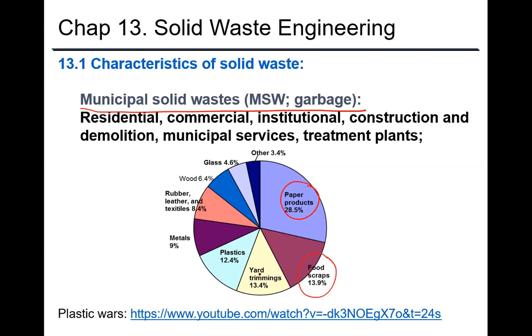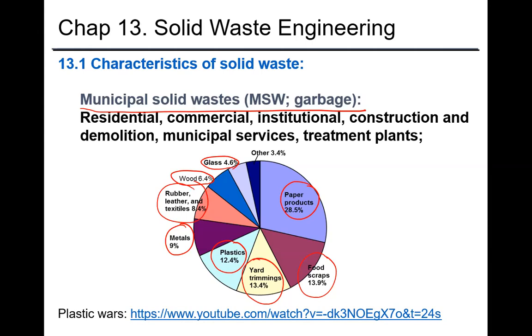And then yard trimmings, this is biomass, right? We can probably harvest the energy out of it, right? Plastics, we can recycle some of them, right? Metals, we should recycle them. Rubber or leather, this is recyclable. Wood, biomass, right? And then glass. You see that actually quite a lot of them are recyclable, okay?